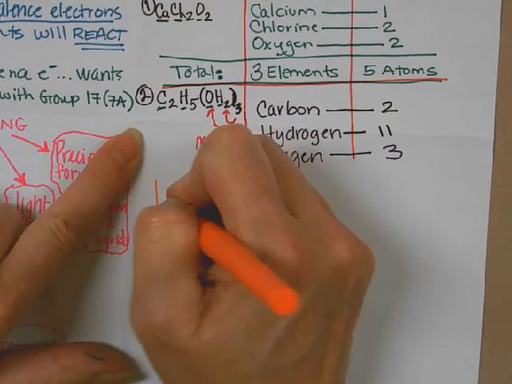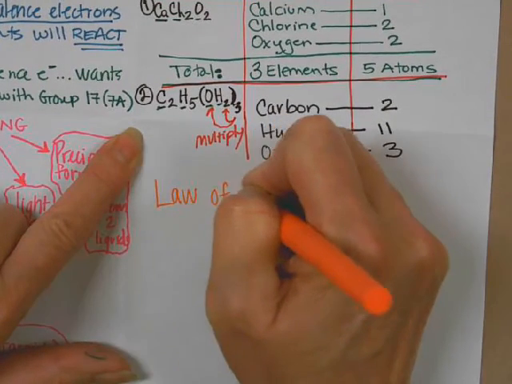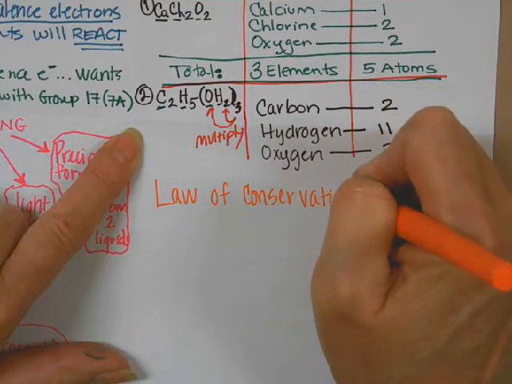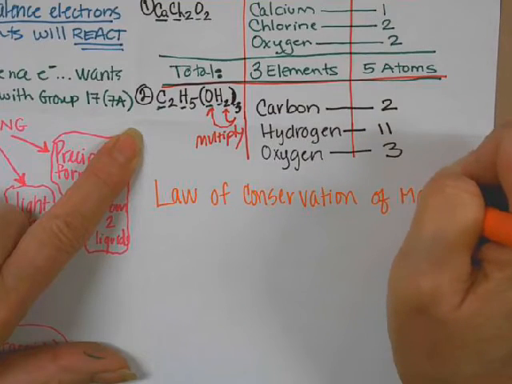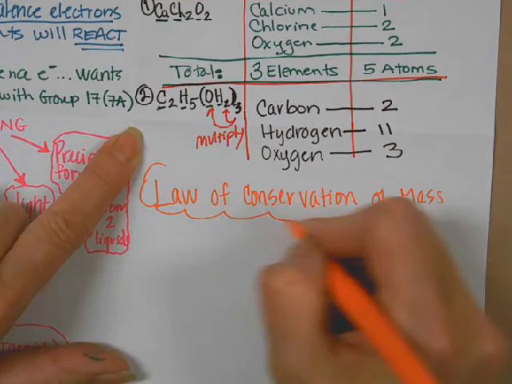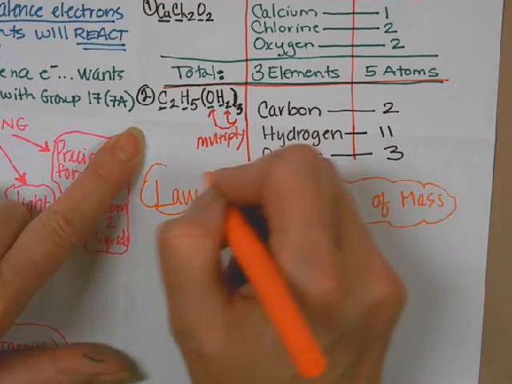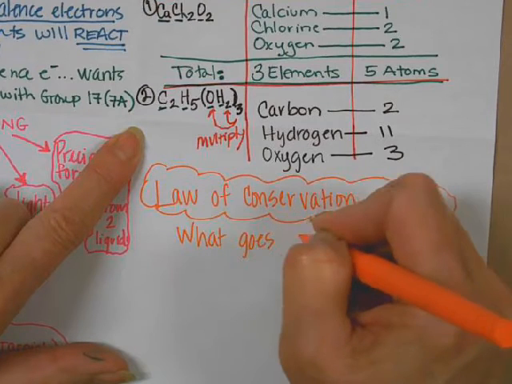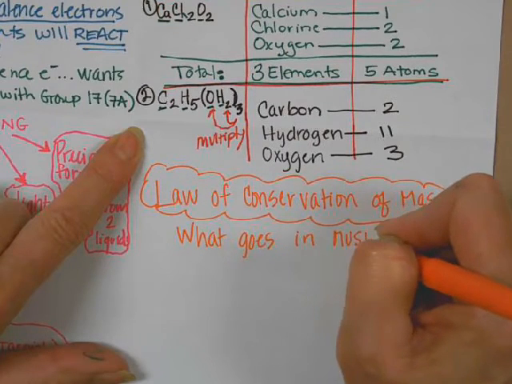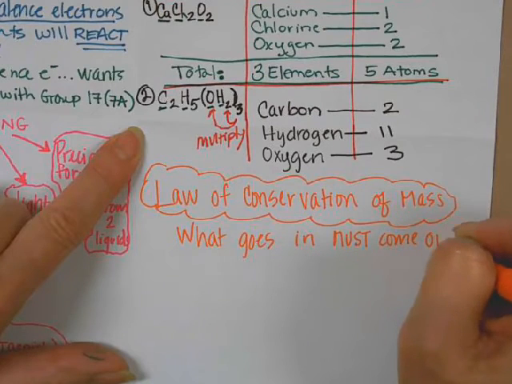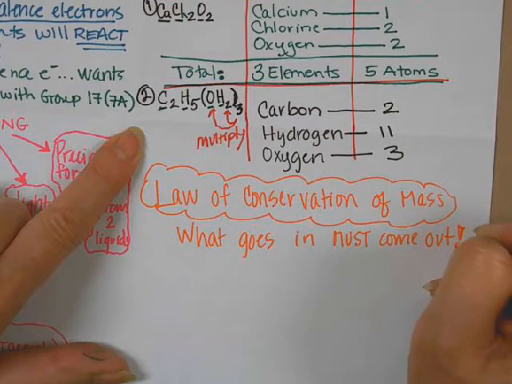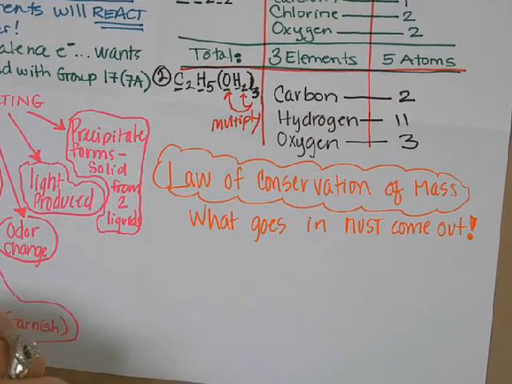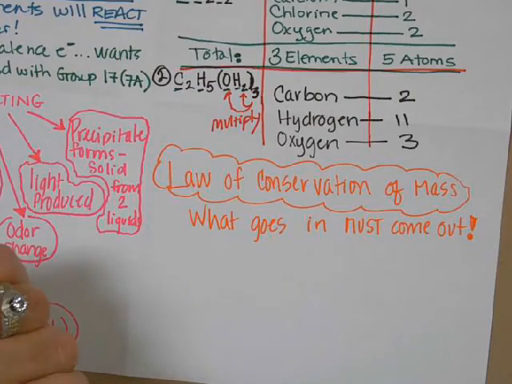So that is referred to as the law of conservation of mass. What goes in must come out. Meaning that even though we're creating something new, we have to have the same atoms and elements on each side of a chemical equation.